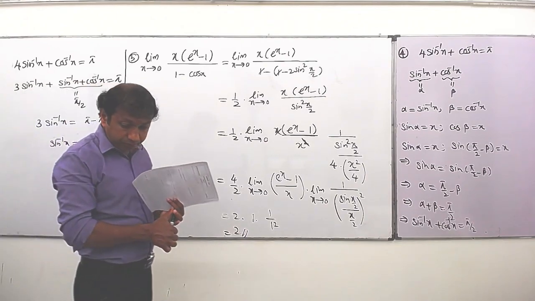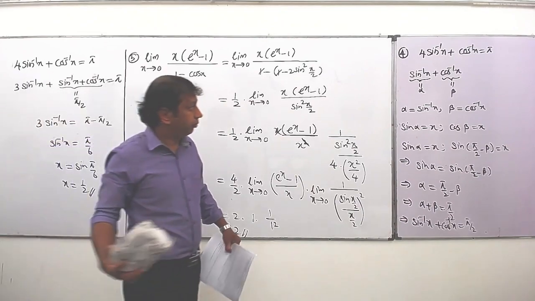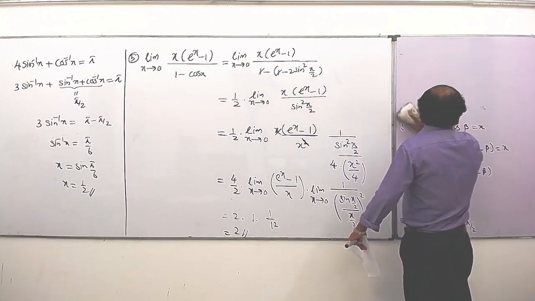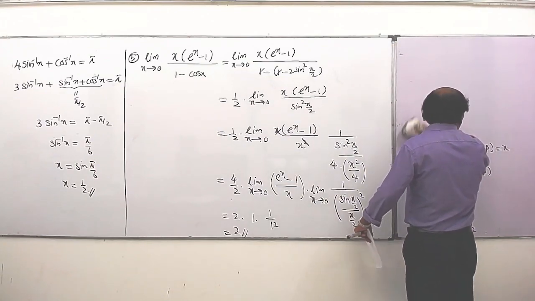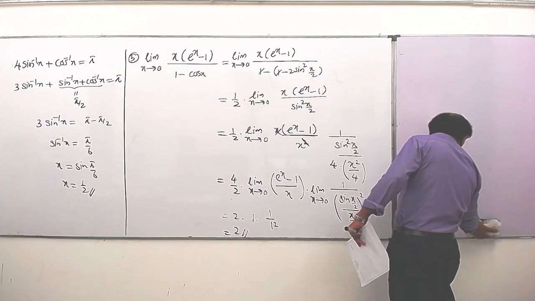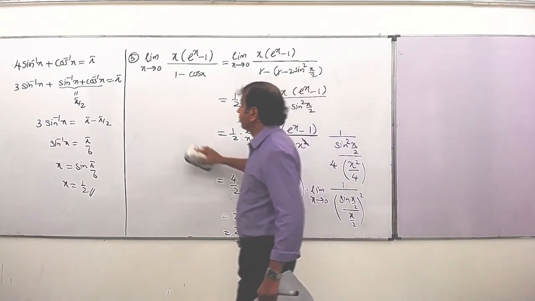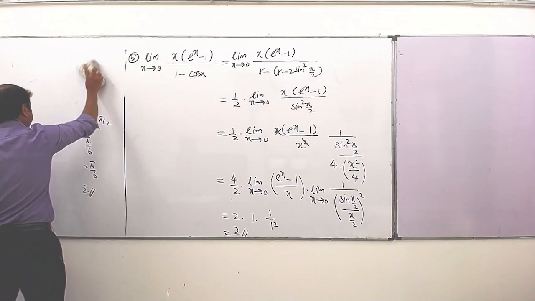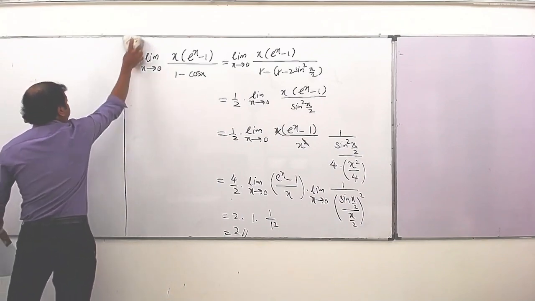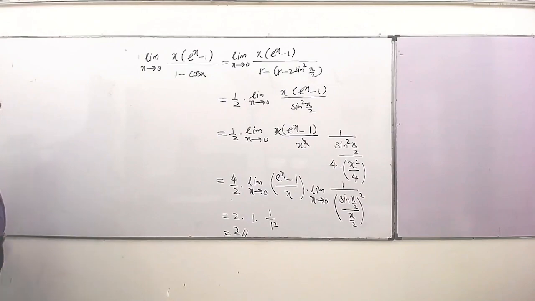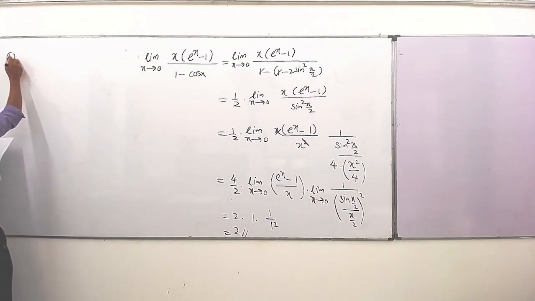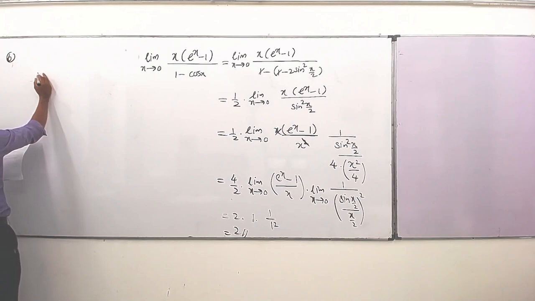Right, number 6. A particle is projected horizontally with velocity 25 meters per second from the top of a building of height 125 meters.